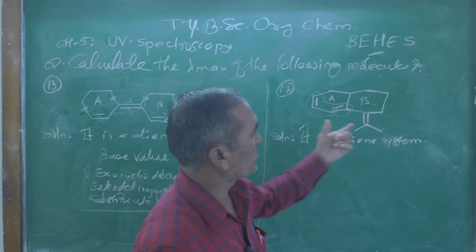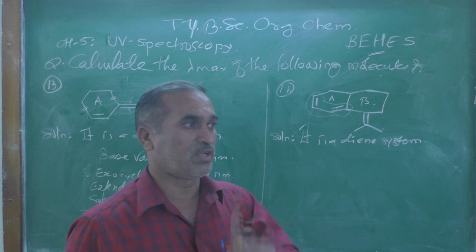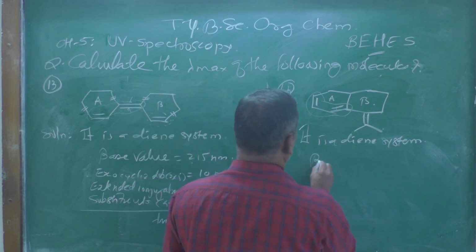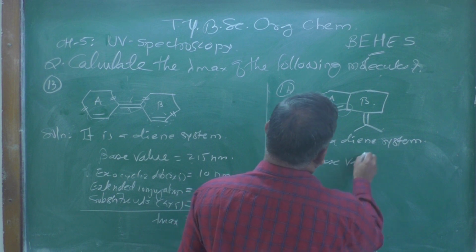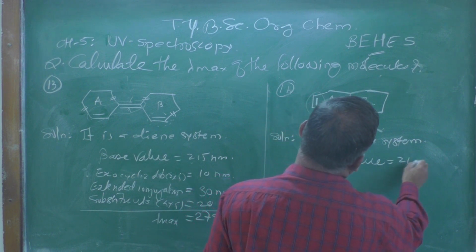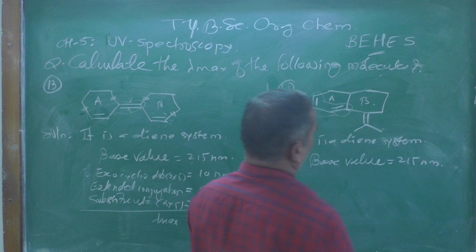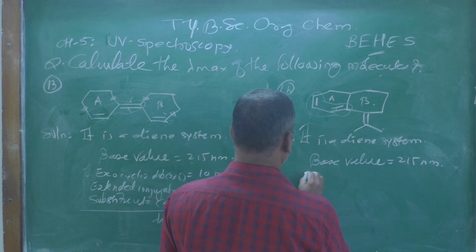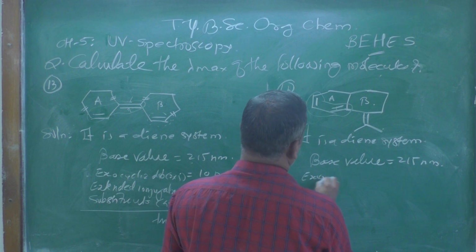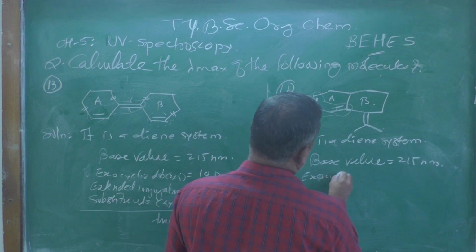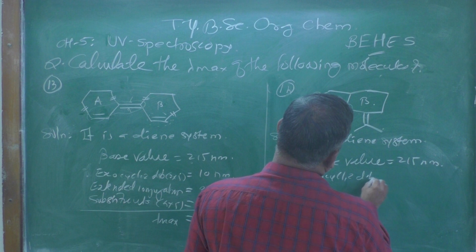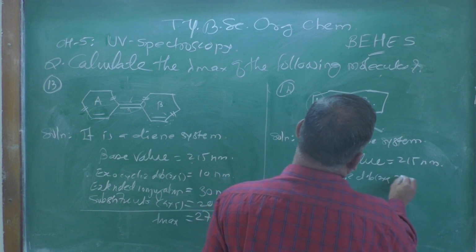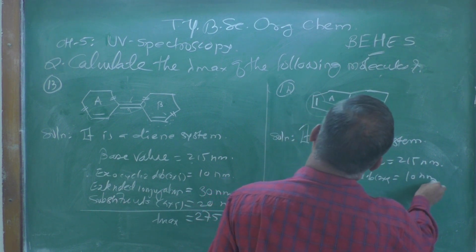Before that, it is a diene system and it has only one base value, which is 215 nanometer, right? And it has 2 exocyclic double bonds, 2 into 5, it becomes 10 nanometer.